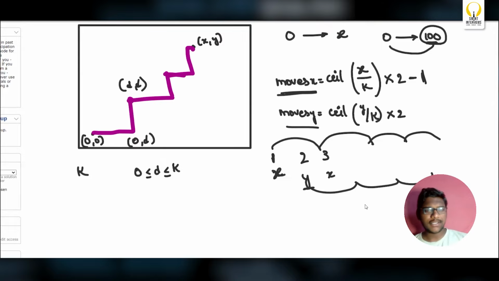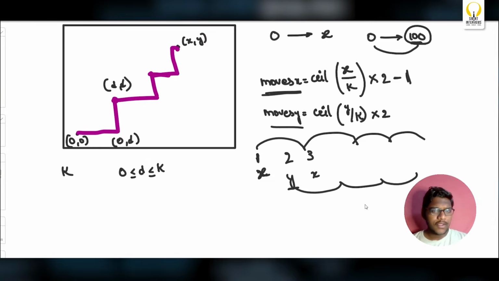So how do you get the overall answer? You have the number of moves to reach x, and similarly for moves y. But how do you get the overall answer? If x is maximum out of x comma y, then you can return moves x.